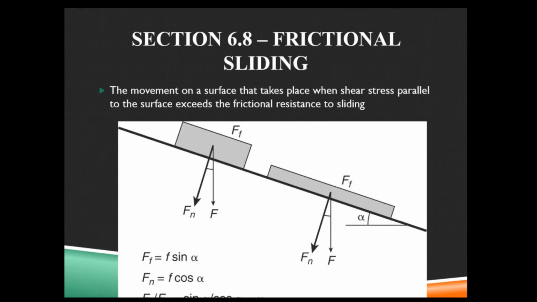The movement on a surface that takes place when shear stress parallel to the surface exceeds the frictional resistance to sliding. So, this straight down arrow, F, is force due to gravity pulling the block straight down.